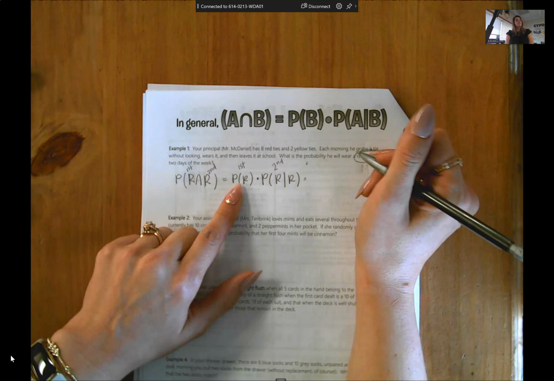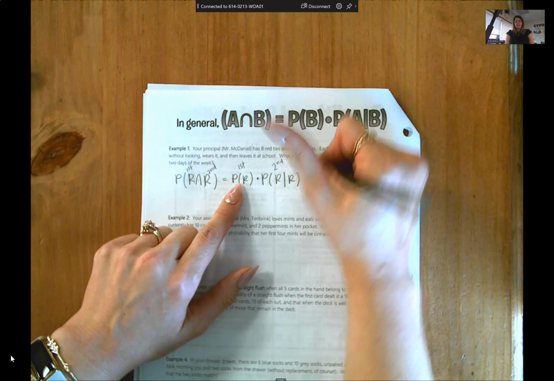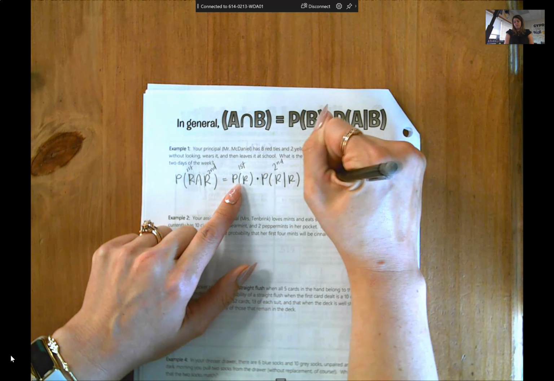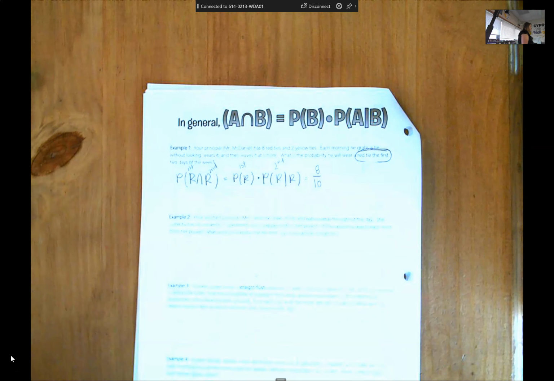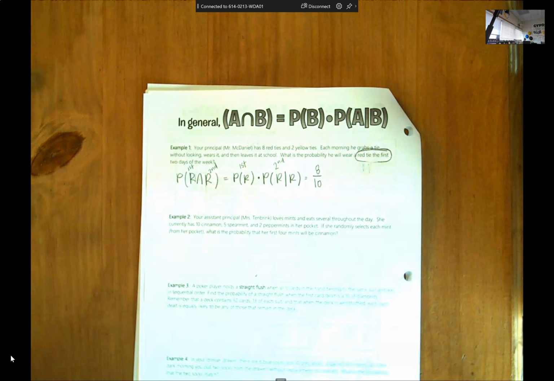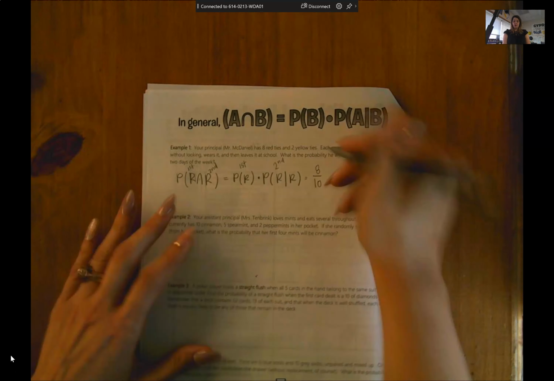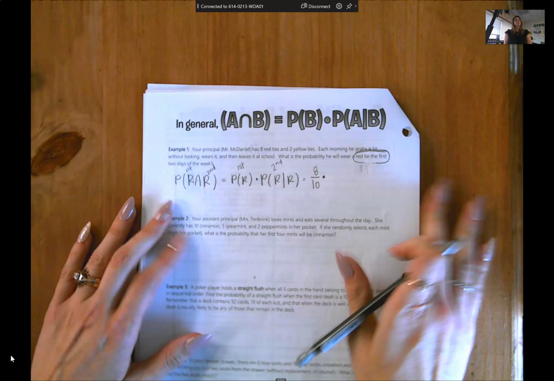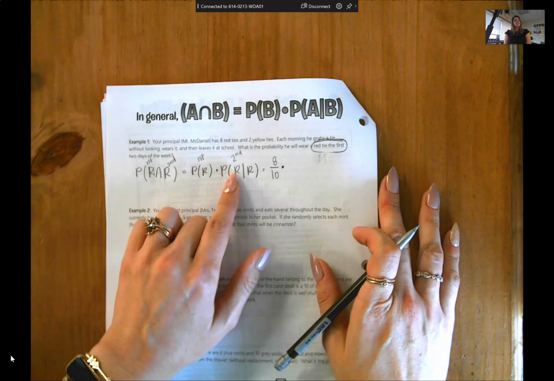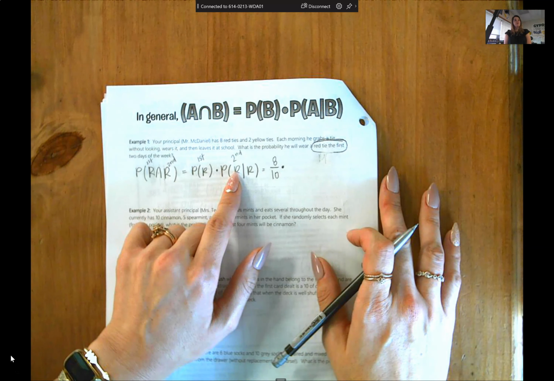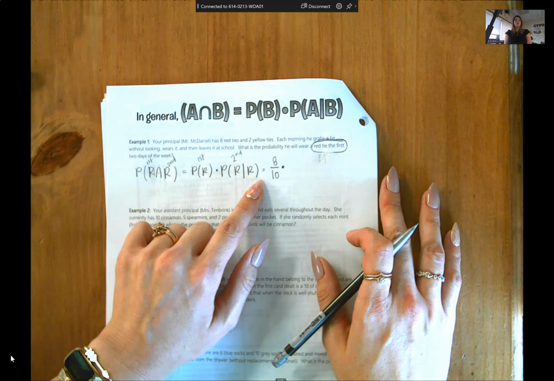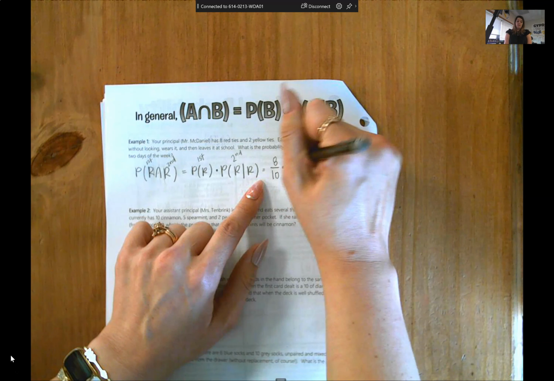The probability that the first one is red is 8 out of 10. He has 10 ties in his drawer. The probability he'll pull out a red one is 8 out of 10. You're okay? Yes, no? Okay, this next part is what makes it conditional. What is the probability that the second is red given you already pulled a red one out? 7 out of 9.